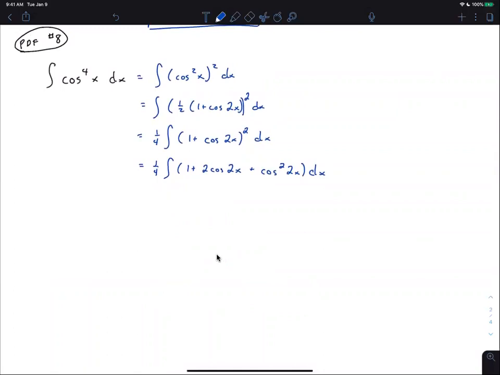Now we're going to split that into 3 integrals. So we're going to keep the 1/4 on all of them. And on the middle, I'm going to pull the 2 out. And that makes it 2/4, which is, of course, 1/2.